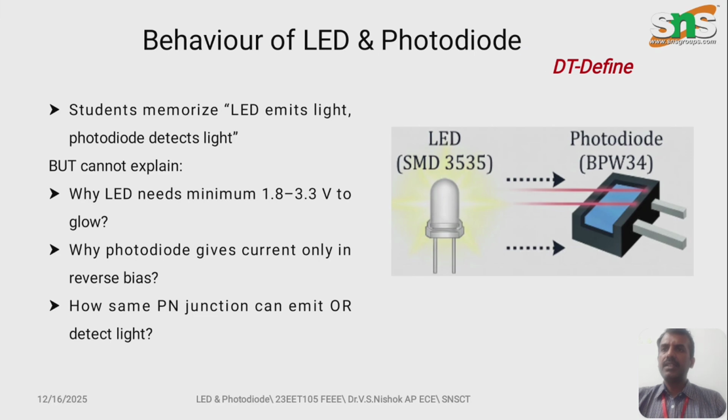So everyone can say the LED emits the light energy and photodiode detects the light energy, but no one knows the energy level behind it and how the photodiode works in the reverse bias condition and how the PN junction does both the function.